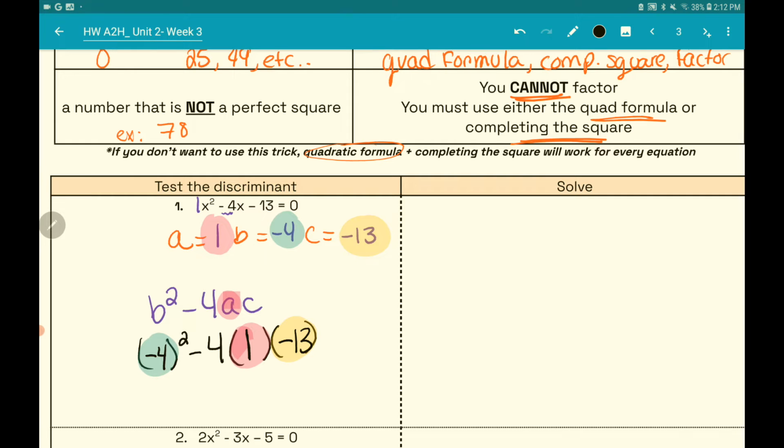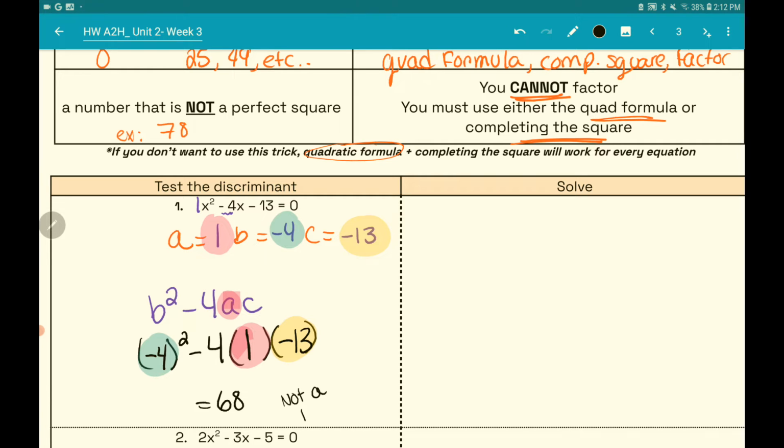All right, so I plug it into the discriminant. I'm going to simplify that in my calculator. -4 squared minus 4 times 1 times -13. And I get the number 68. So is 68 a perfect square?